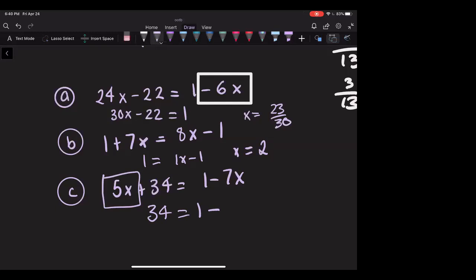So what are you going to do? The opposite. Subtract. 2x. Negative 7 minus 5. What does that give you? Oh, negative 7. Sorry, I thought it was positive 7.